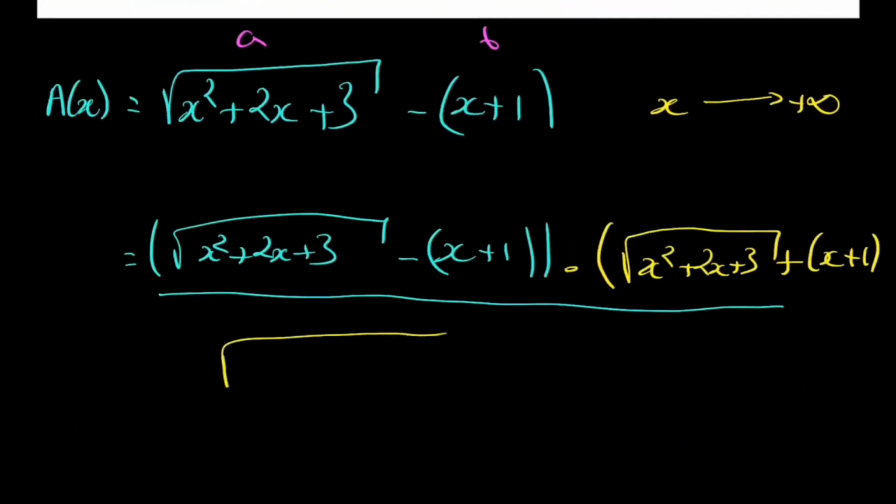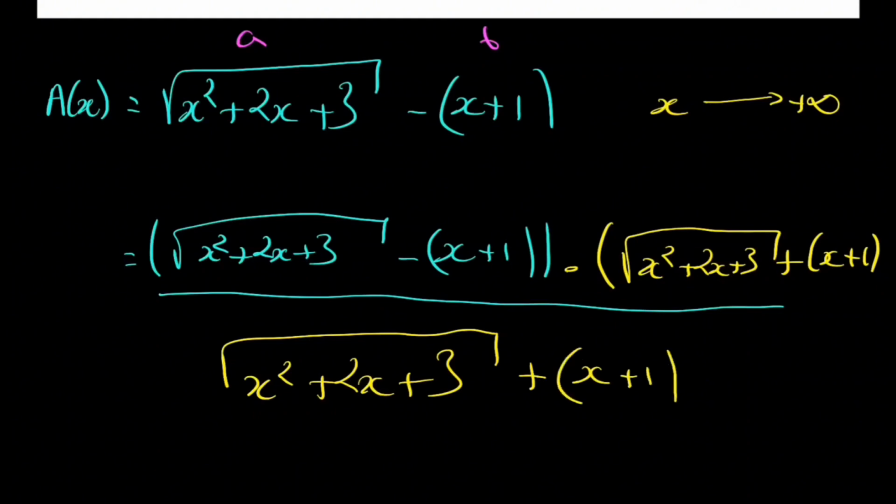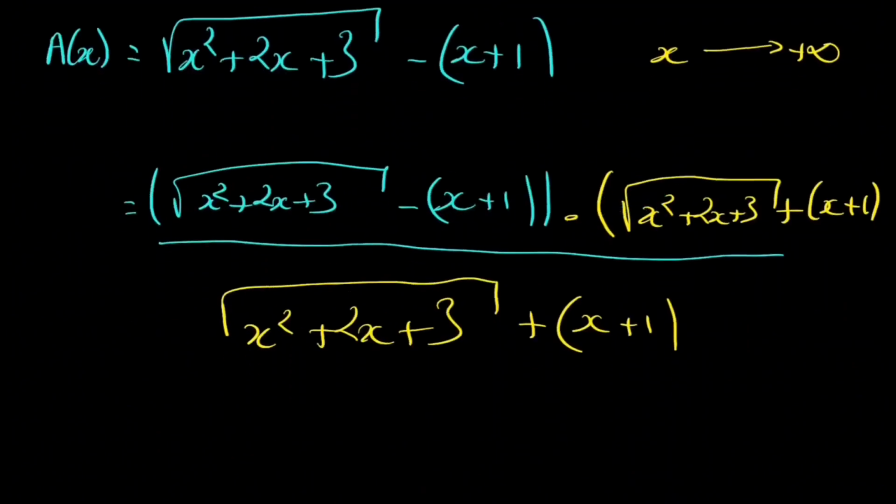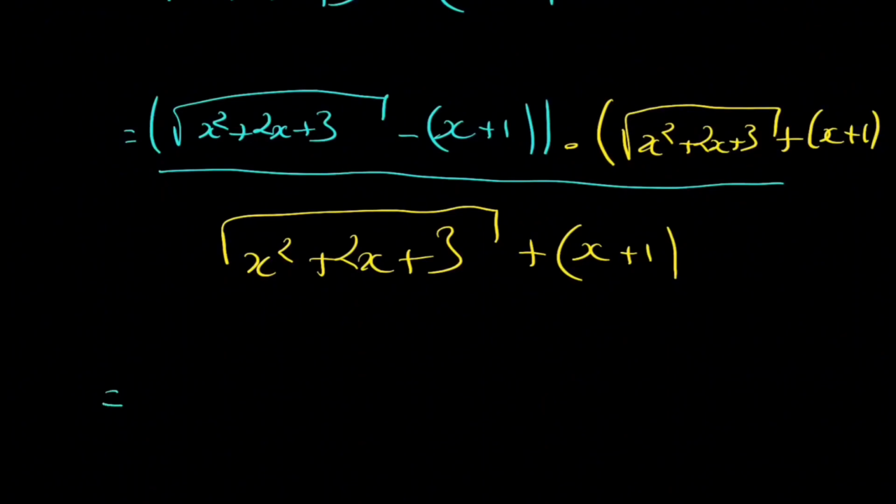So let's develop this using the identity (a minus b) times (a plus b) is equal to a squared minus b squared.